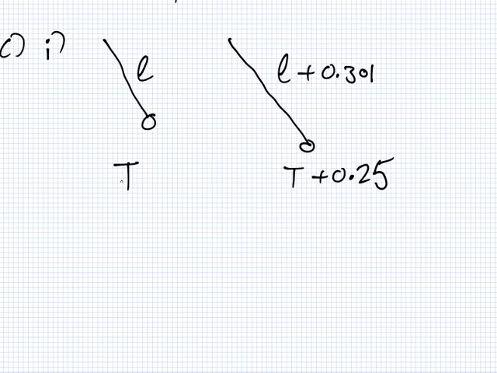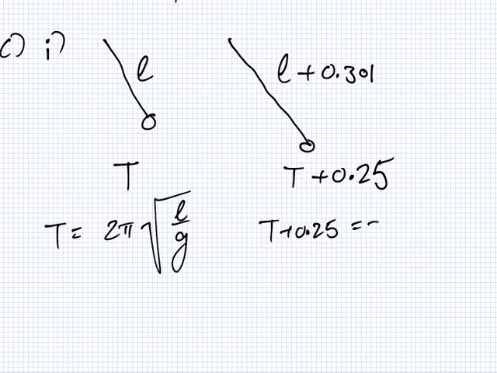Yeah. So here you know that T equals 2 pi root L over G. And here you know that T plus 0.25 equals 2 pi root L over G. What would be the best way to solve these? What do you think? Yeah, but how?